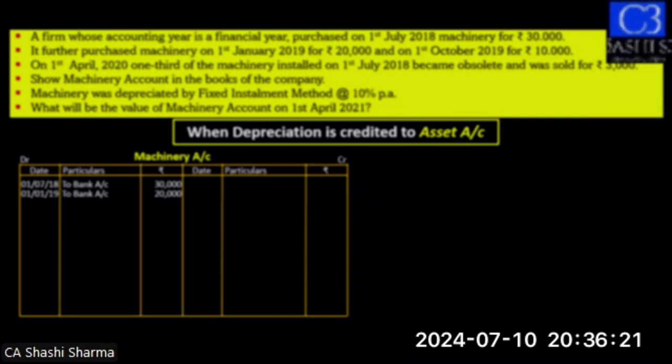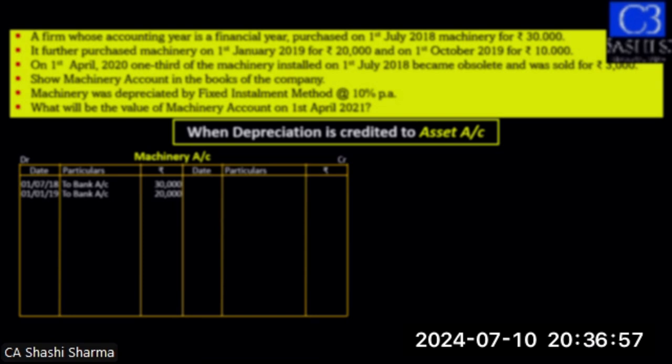So first of all, on 31st March, at the end of the first year, that is 18-19, we will have to pass entry for depreciation. The first machinery has been used for 9 months, from 1st July to 31st March. It comes to 9 months. And the second machinery has been used for 3 months.